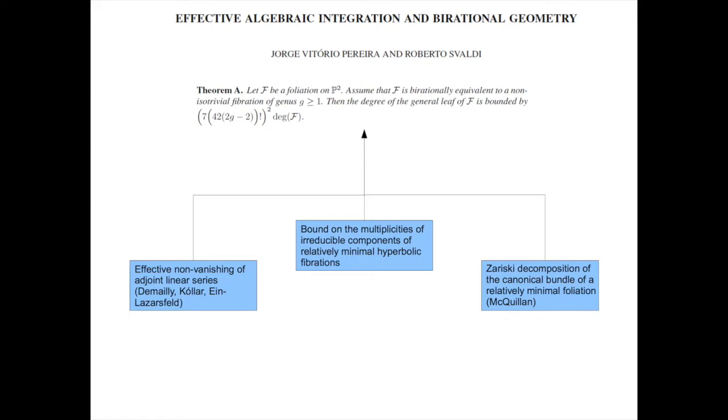But what's hyperbolic foliation? Hyperbolic fibration. Oh, this is fibrations of genus at least 2. Ah, I see. So here the problem is that we know that the general fiber is irreducible, but you could degenerate to something which has multiple components, and these multiplicities are very important to control everything.